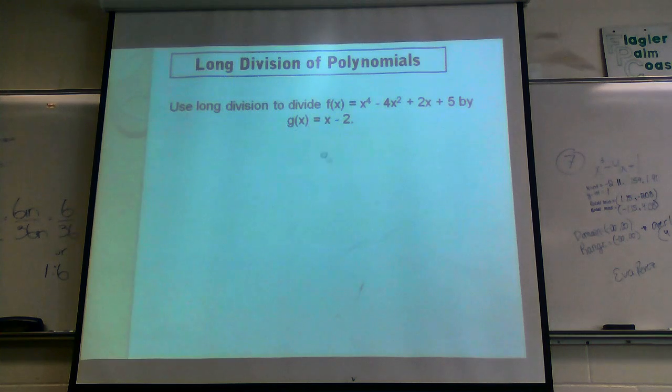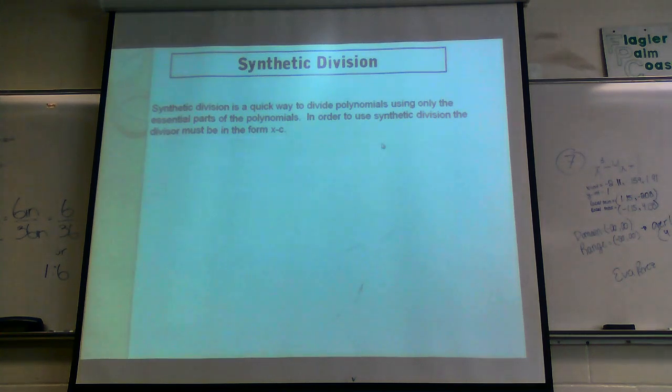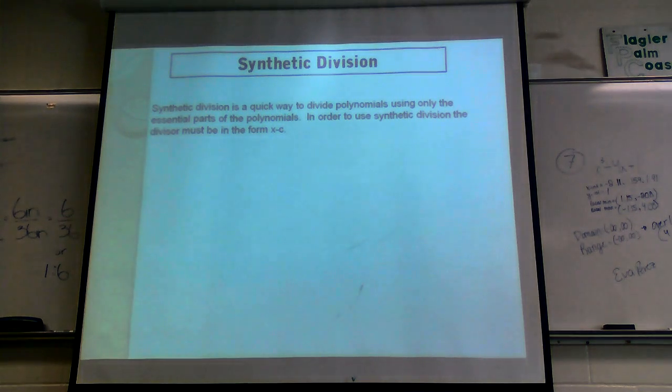Because if you remember, you have the synthetic division, right? This only works when you are dividing one polynomial by something that's of the form x minus or x plus a number. So it would have worked on the last one because that g of x that I had was just x minus 2.